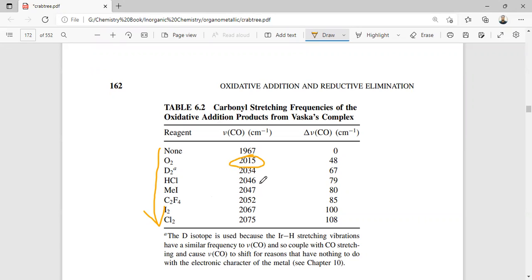With less electron density, the back bonding from metal to carbon decreases. When Cl2 attacks, it gives a more positive shift in the stretching frequency. So for the Cl2 case there is more shifting of the stretching frequency. This is proof that Cl2 is more oxidizing in nature than the other reagents.